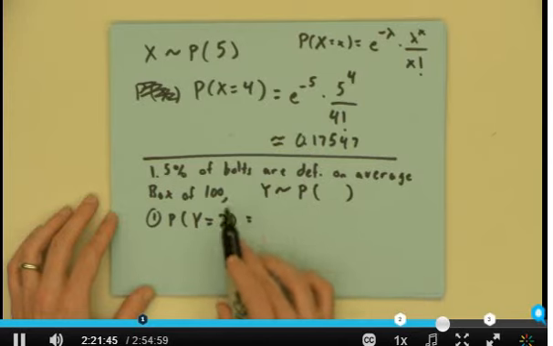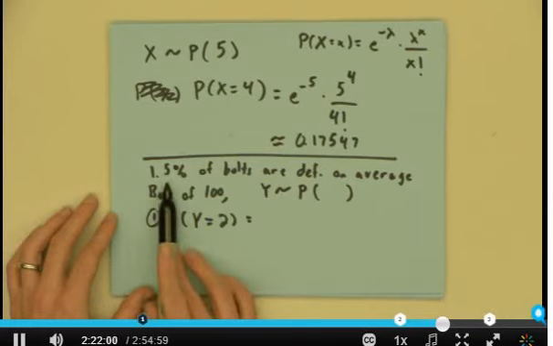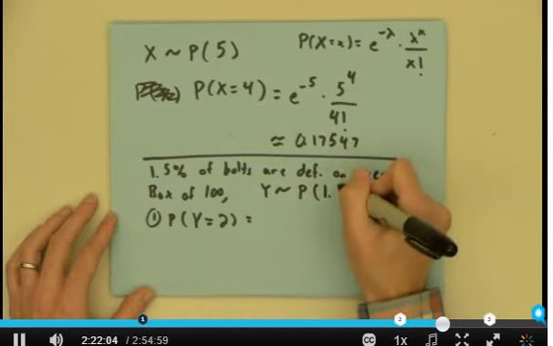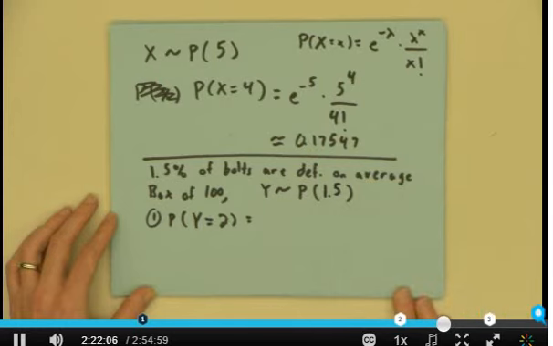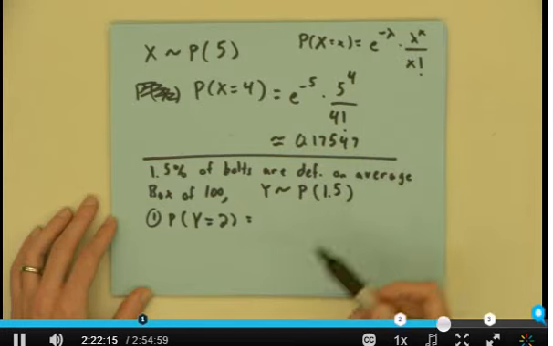What average would I expect out of 100 to be defective? Well, it's 1.5%, and so out of 100, that would be exactly 1.5 of them. So that's the parameter I'm going to use. Now I'm going to use the same formula. E to the minus lambda.